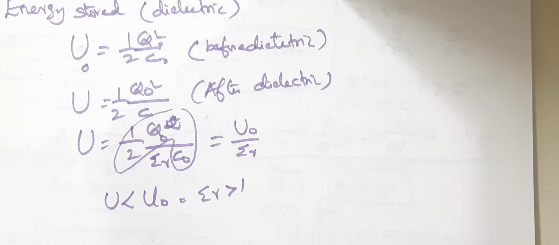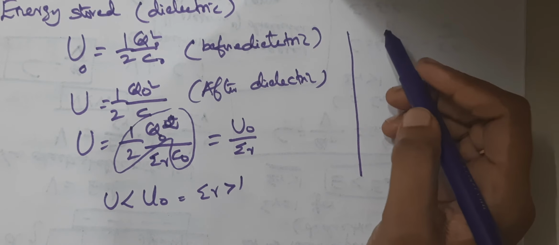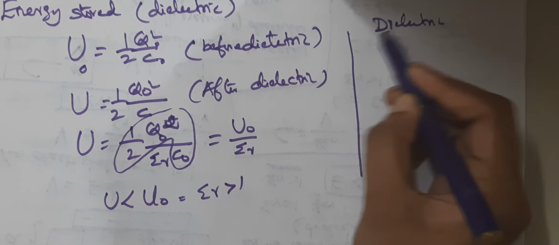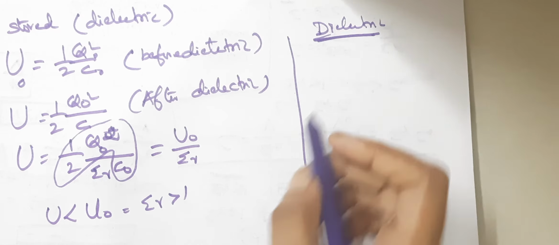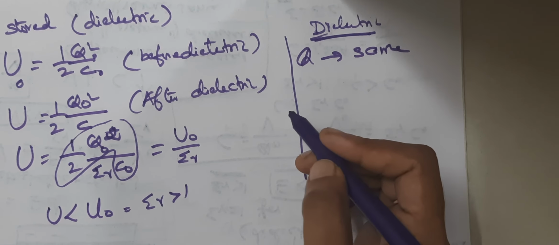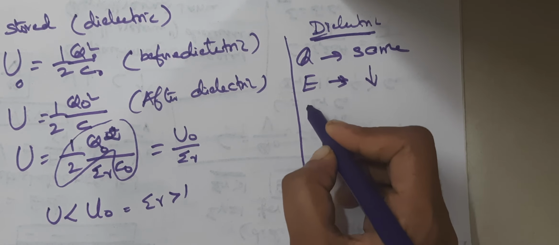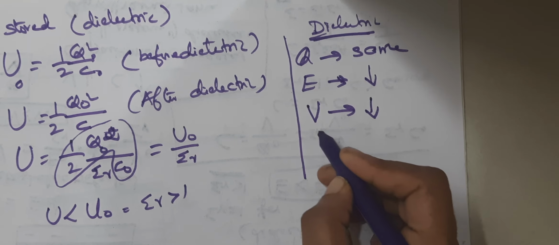We can consolidate the result. When the dielectric is inserted between the capacitor plates, the charge remains the same. Electric field decreases. Potential difference decreases.